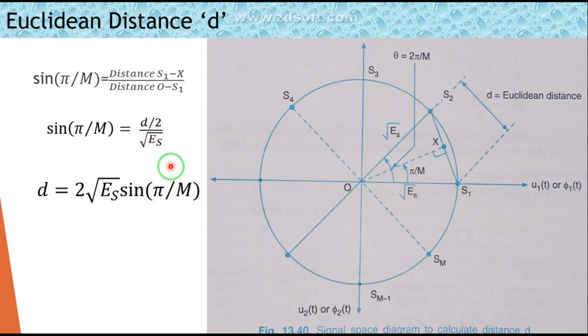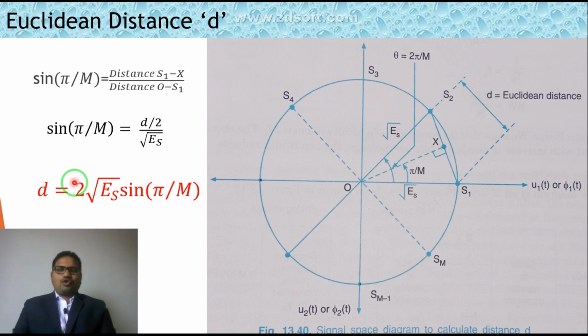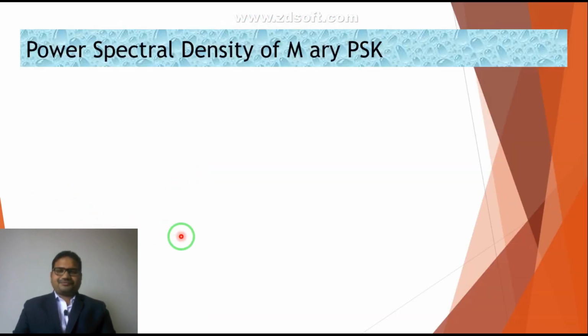We can rearrange it to find D. So D would be 2 times the square root of Es times sine of pi by M. It is one of the most important results. So you can see this one. Hope you understood how to find this Euclidean distance.